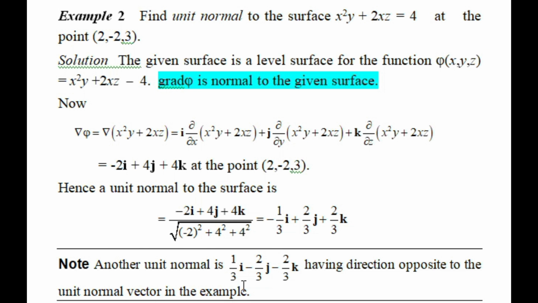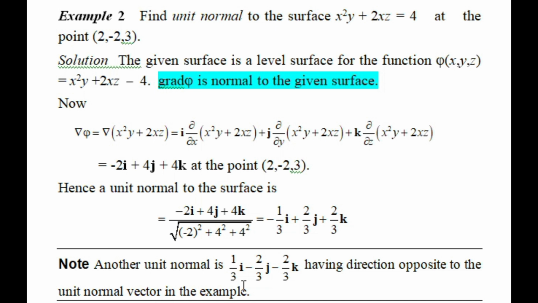Now the surface is a level surface corresponding to the function phi of x, y, z is equal to x square y plus 2xz minus 4, corresponding to the value c is equal to 0.